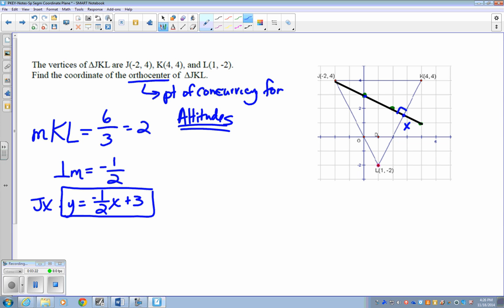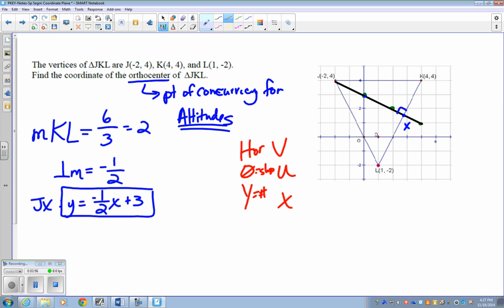Well, I want a point of concurrency for altitudes, so I need more than one altitude. For me, I would just go ahead and start at L. JK is a horizontal line, and hopefully we remember our HOY VUX: if it's horizontal, it has a 0 slope, and it's y equals the number, which is your y coordinate.